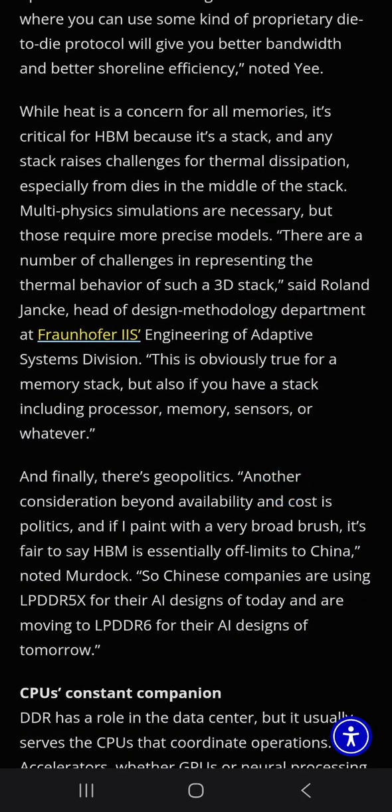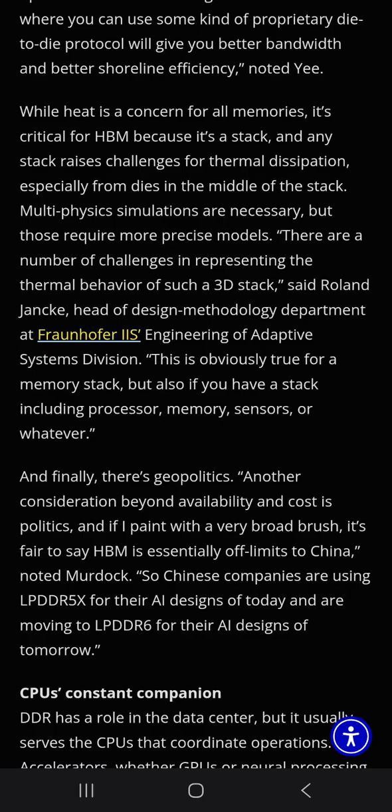While heat is a constant for all memories, it's critical for HBM because it's a stack, and a stack raises challenges for thermal dissipation, especially from dies in the middle of the stack. Multi-physics simulations are necessary, but those require more precise models.